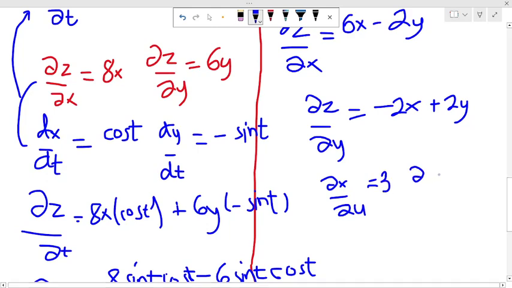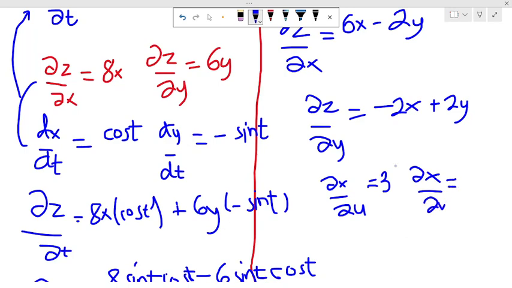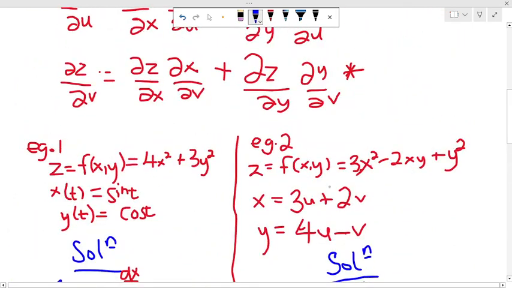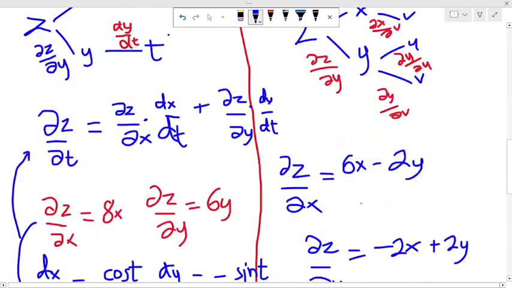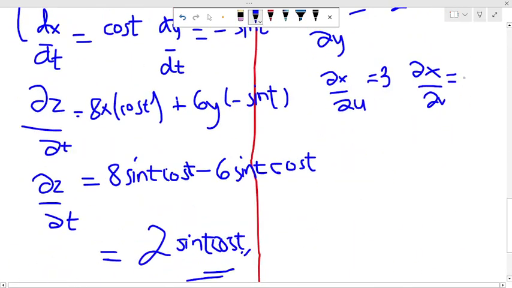Now differentiating x with respect to v, our u is constant, so therefore our 3u goes away. Now differentiating 2v, we end up getting 2.